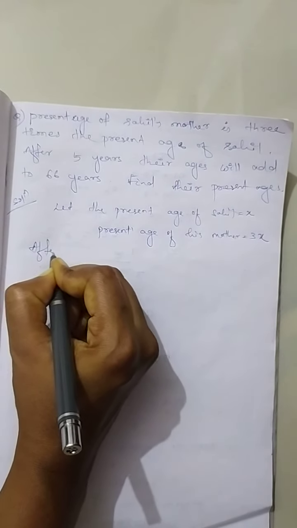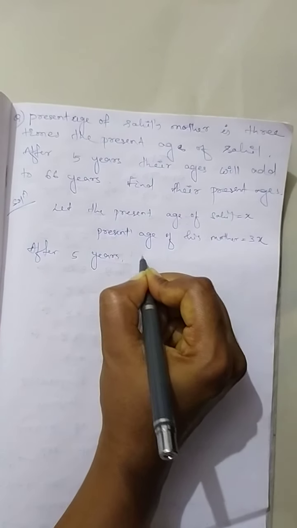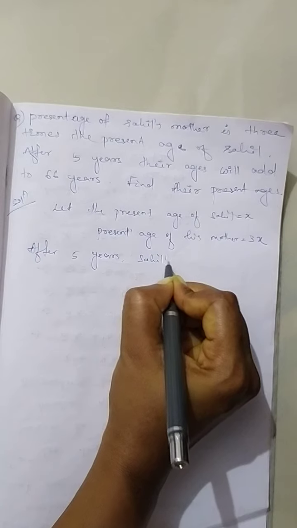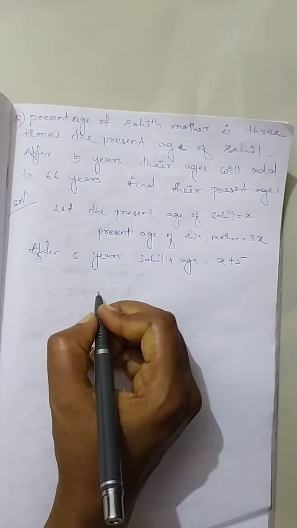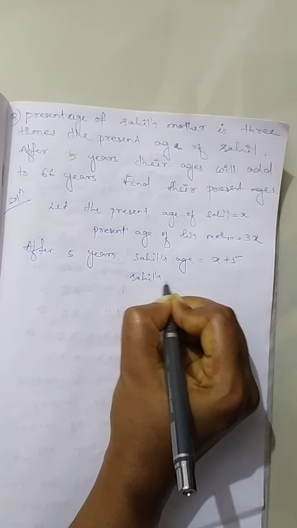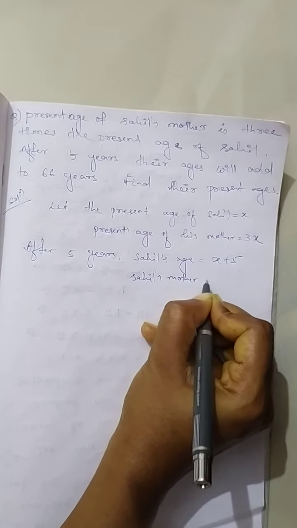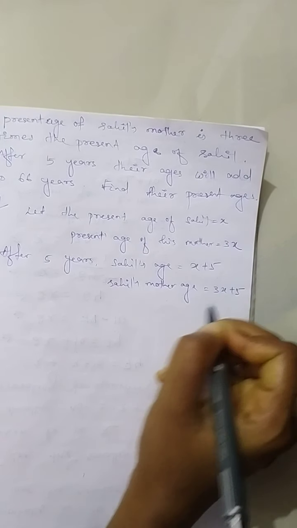After 5 years, Sahil's age will be x plus 5 and Sahil's mother's age will be 3x plus 5.